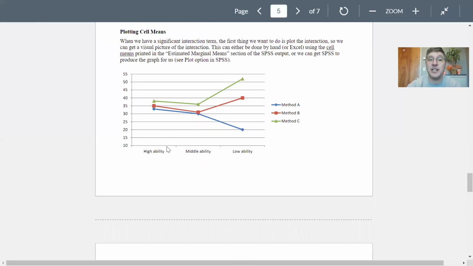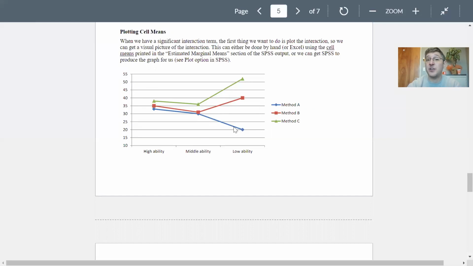So what we're doing here is looking at only those in the high ability group and running a one-way ANOVA comparing the different teaching methods.